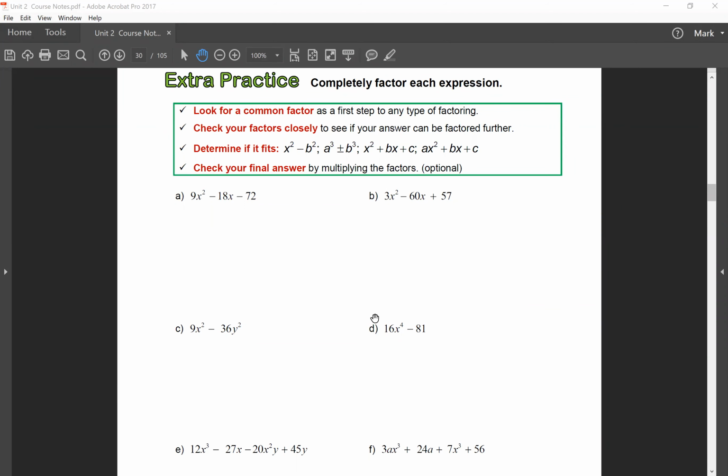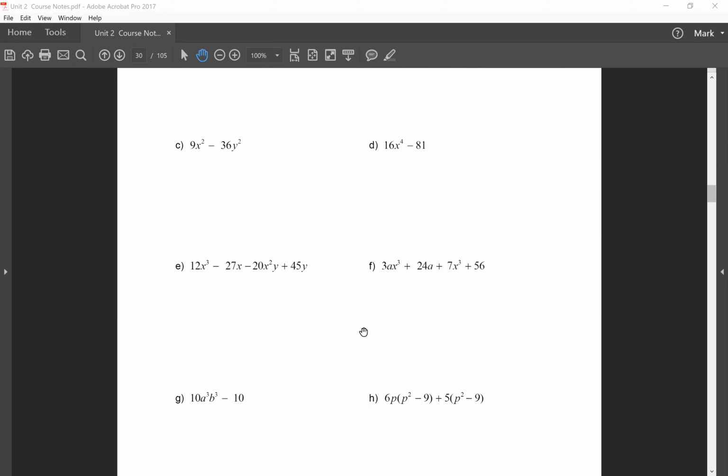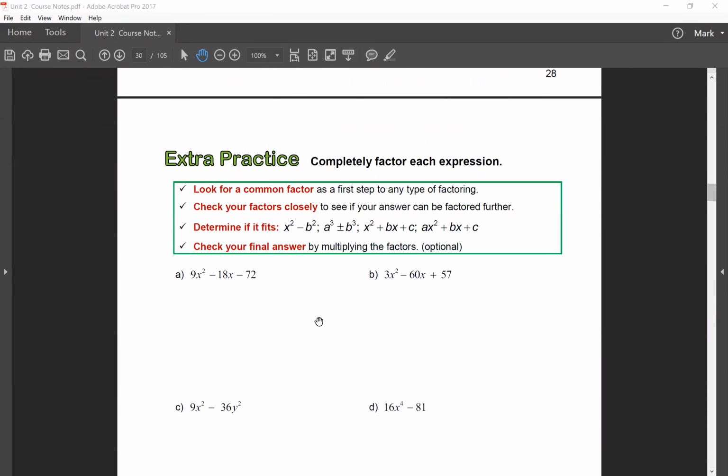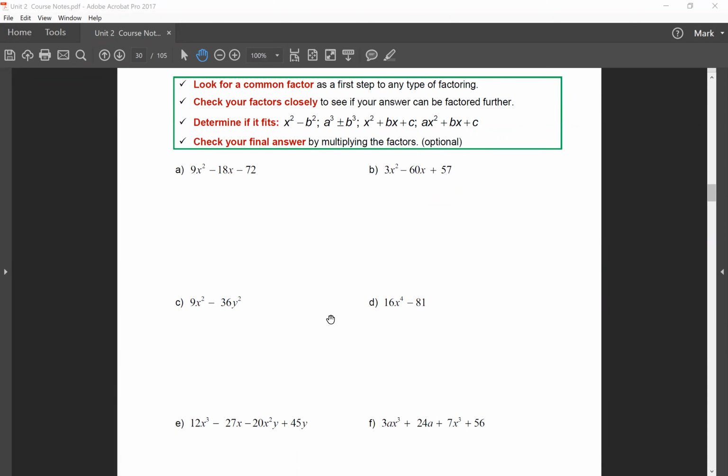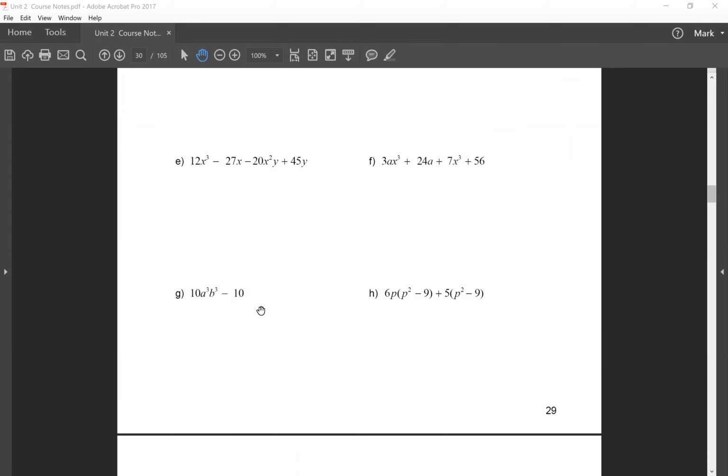So we have trinomials, we have difference of squares, we have all sorts of different types of factoring you can practice down here. Highly recommend you guys check this out. And the answers, I've mentioned this before, the answers are all online.